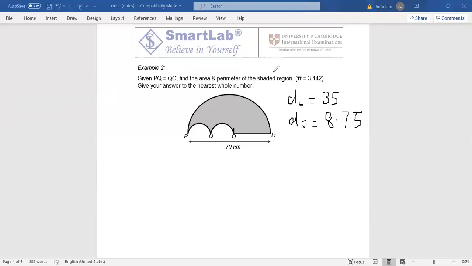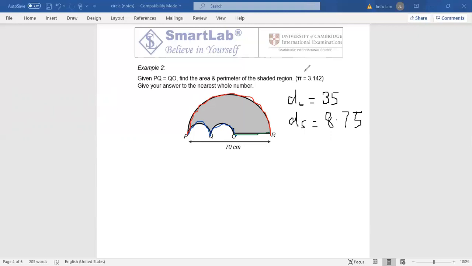Now we want to find the perimeter. So the perimeter will consist of this arc length due to this big semicircle plus the 2 small arc lengths, and finally the straight line indicated by the green line.